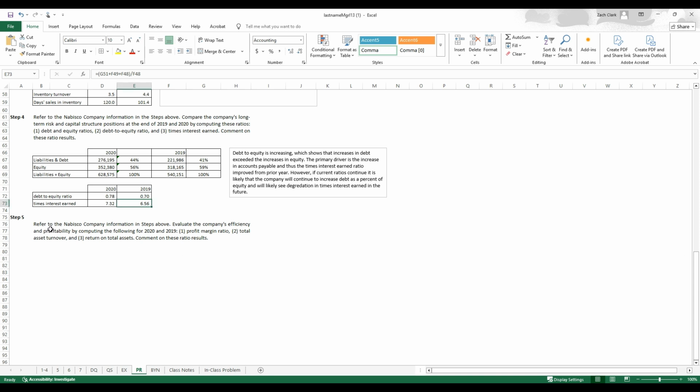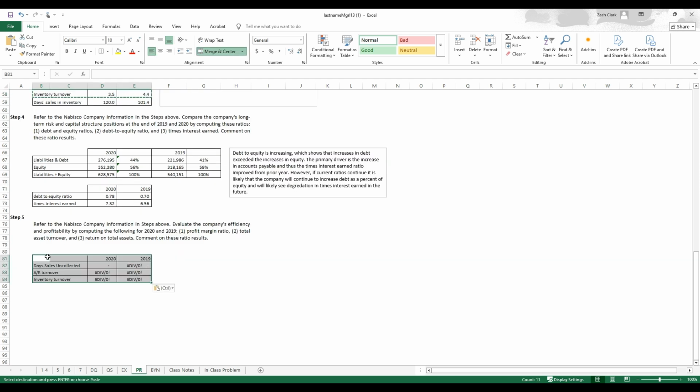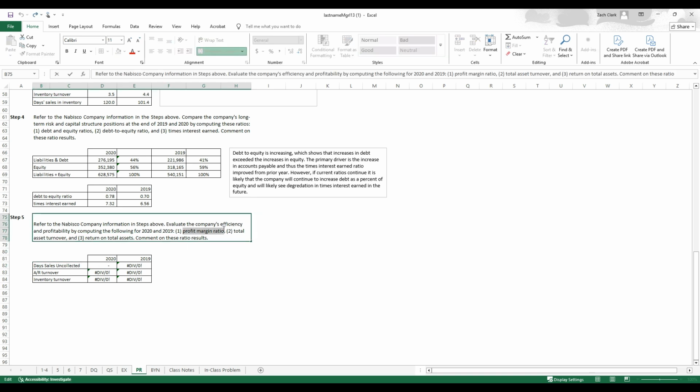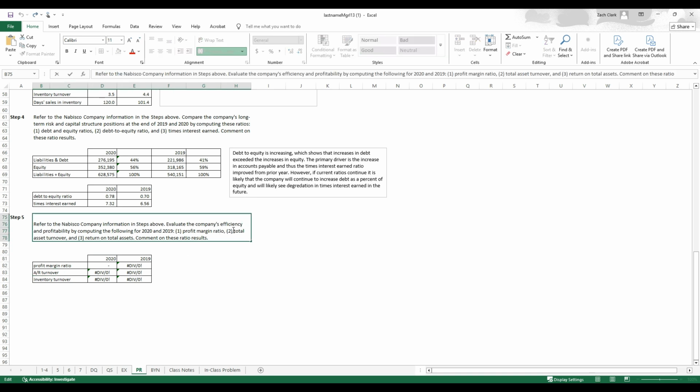So, okay. Here we're going to evaluate the efficiency and profitability. So we want to do profit margin, total asset turnover, and return on total assets. So let's again take our little table here. I'm just going to copy these in here, instead of typing, just to show you how.